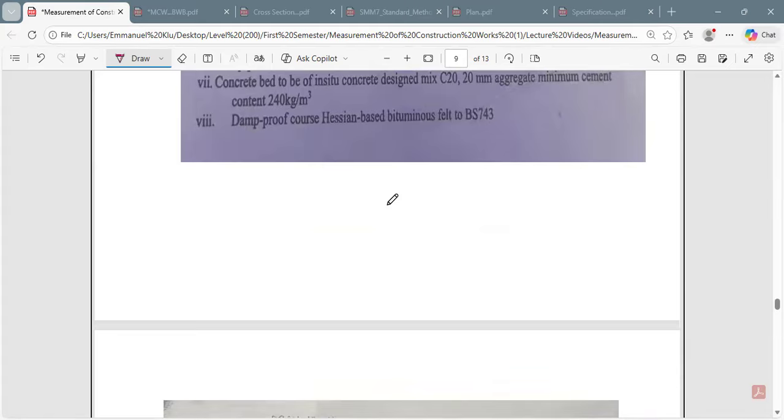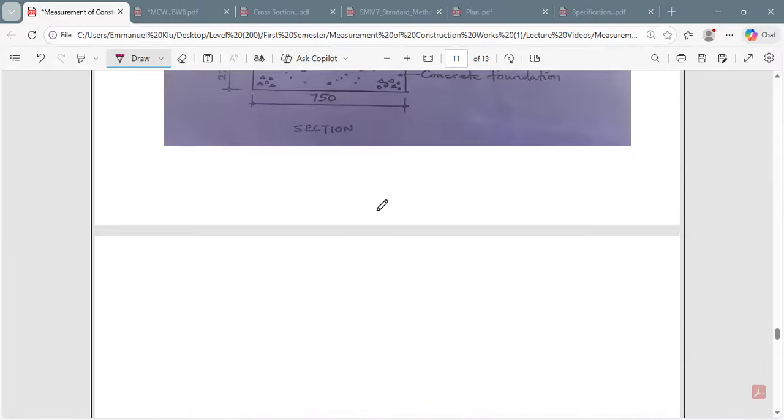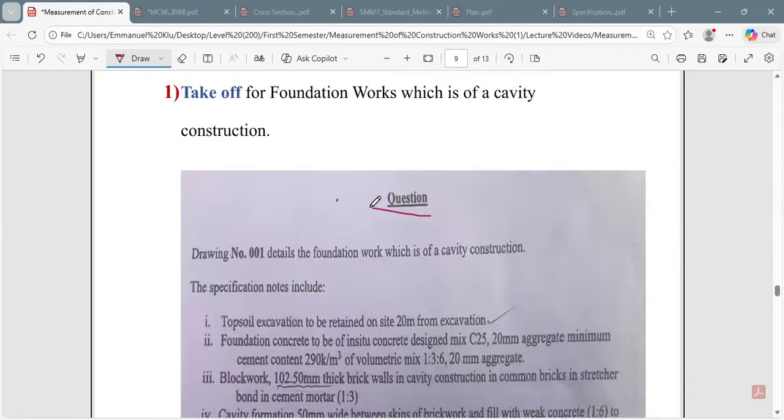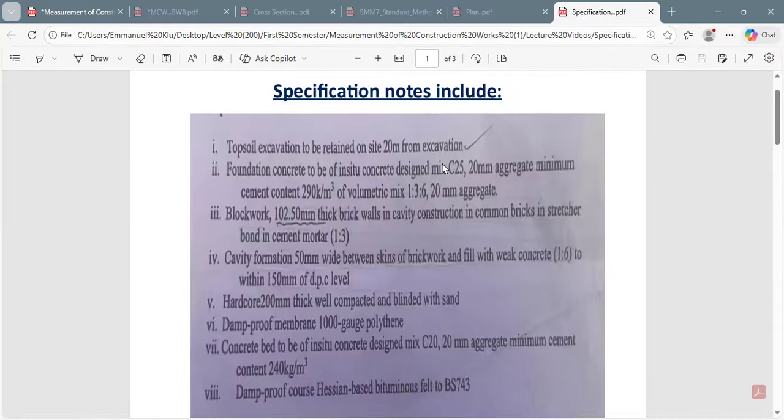Let's look at what our specification entails, even before we move to our takeoff sheet and proceed with the work. Under our specification, we have topsoil to be retained on site from excavation.